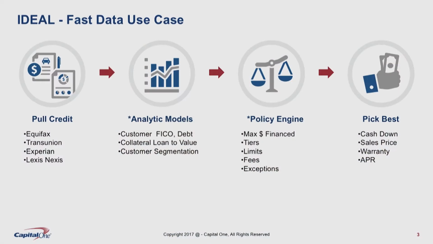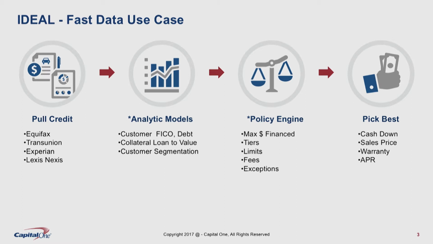So I was basically asked when I came on board with Capital One to make this thing happen in 1 second. I said, yeah, this isn't too bad, right? We have to pull some credit, get your FICO scores from various credit bureaus and things like that. We have to run some analytical models.